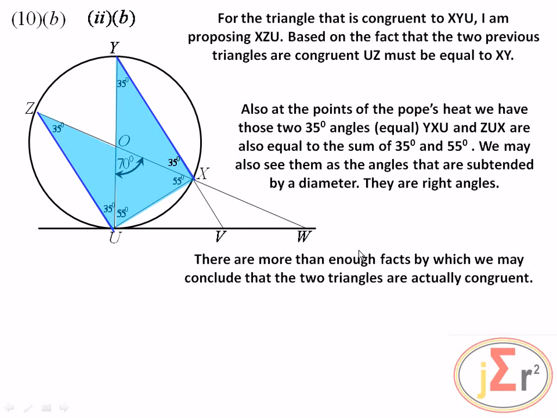They are also right angles. So we are finished. There are more than enough facts by which we may conclude that the two triangles are congruent. Therefore, the one that is congruent to XYU is UXZ.